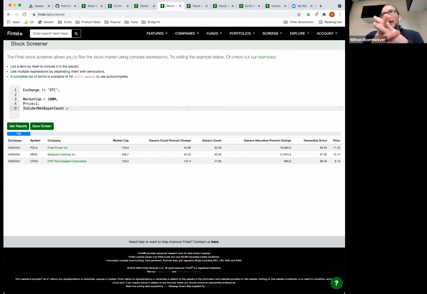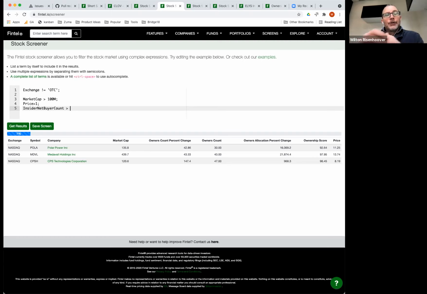The way we calculate this is we look at a 90 day look back period, and we say how many insiders sold in the last 90 days, and how many insiders bought in the last 90 days. Just even a share. How many bought on the open market with their own money, or if it's a hedge fund, other people's money, I suppose. And how many sold. And then we subtract the sellers from the buyers to come up with the insider net buyer count.